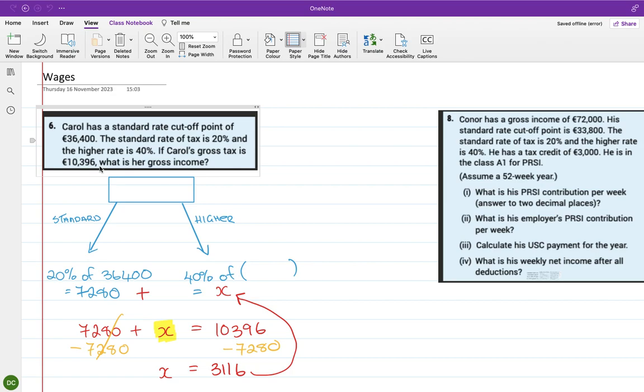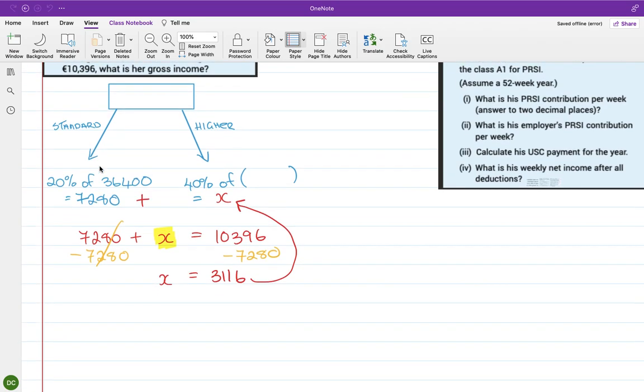So 40% of some number equals 3,116. So then we can do the maths that we did in this chapter, like for VAT and all that. So we can say that the 3,116 is 40%, and we want to figure out 100%. You work on the complete side, which is this side.